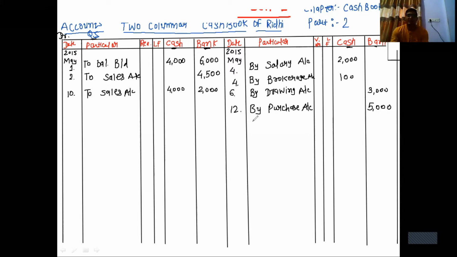So we have to write on the credit side by shop rent, date is 17, and the amount is 2,000 paid by check, so it affects only the bank account. We have to write 2,000 in the bank column.